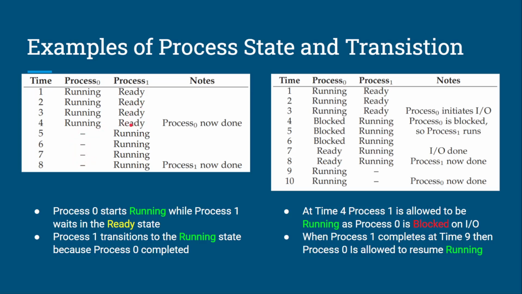The operating system recognizes that the CPU is free and moves process 1 from the ready state to the running state in time step 5. And then process 1 is able to run its instructions until it terminates at time step 8.